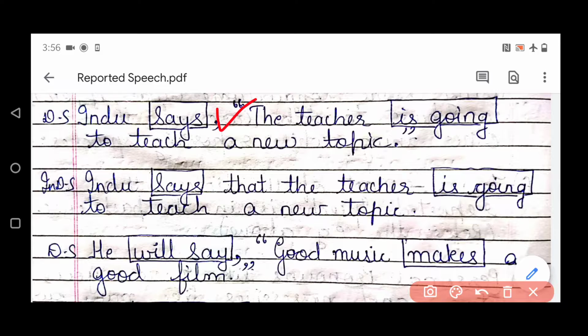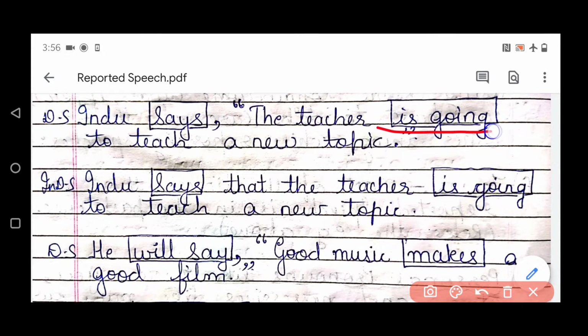Now when the reporting verb is in the present tense, the tense of the reported speech does not change. You can see the verb over here is going, right? Only the open inverted commas and the close inverted commas are going to be removed. Rest all the things are going to be the same.